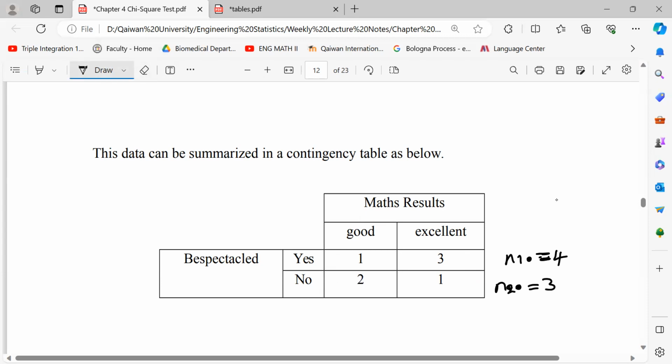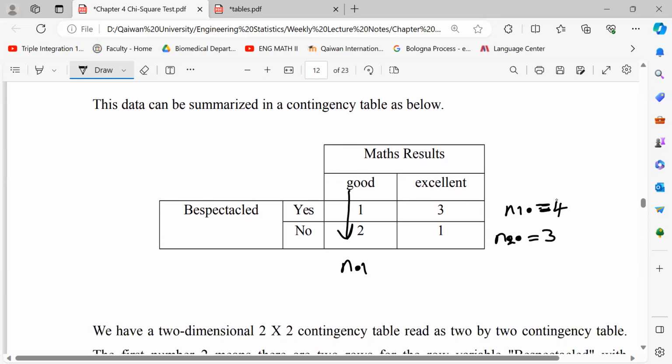Then vertically, there are columns. N dot 1 is the sum of these elements, 1 plus 2, which is 3. And the sum of these elements, denoted by n dot 2 because they are in the second column, is 1 plus 3, which is 4. We now have these, and we need to find these in solving the question.